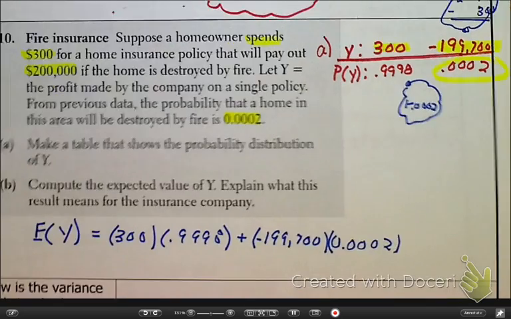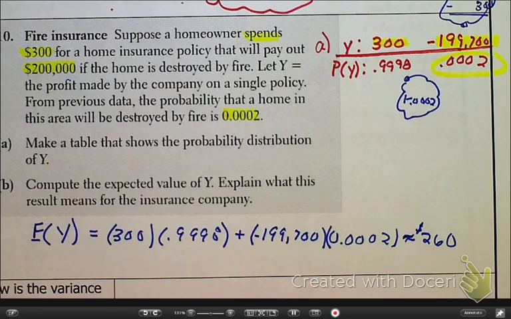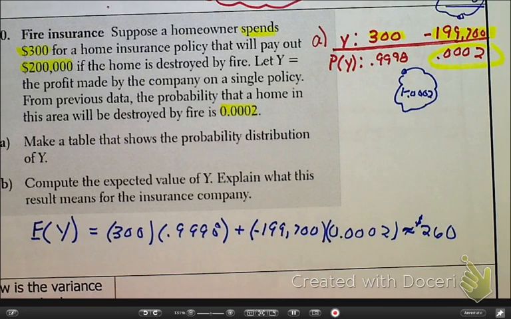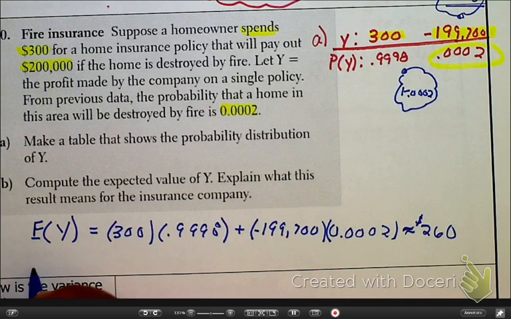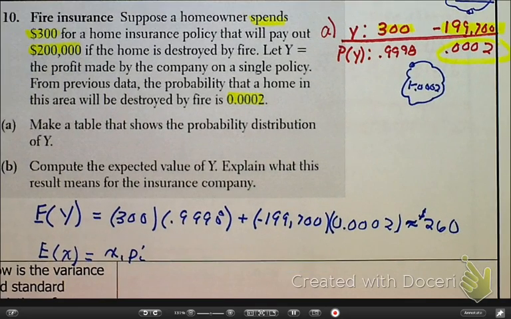And once you do the math, you are going to get $260. Remember, we got this from our formula from the prior page. The expected value of X is going to equal your discrete random variable times its associated probability.